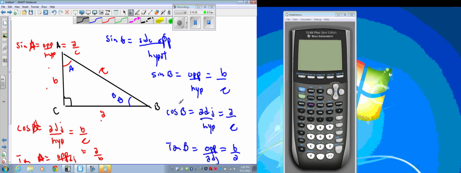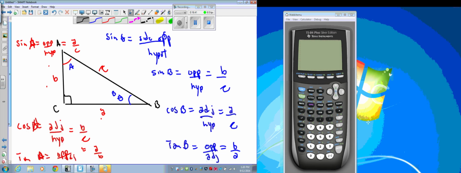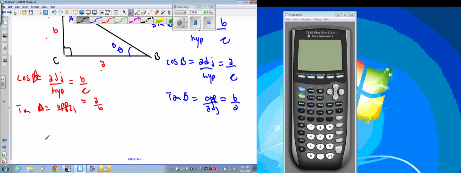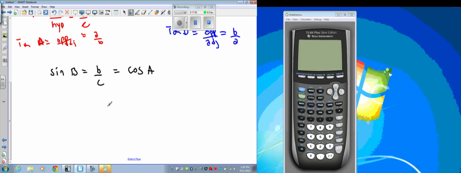So what you can do is say the sine of B, which is b over c, is equal to the cosine of A, and A plus B equals 90 degrees, right?